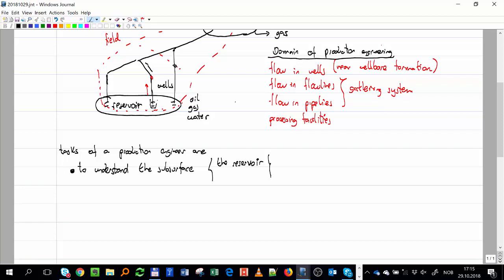You will see later, but that's really what determines the production of the well. So that's one thing, and it's very central and very important. Okay, the reservoir. So this is the production mechanism. Productivity of the wells.